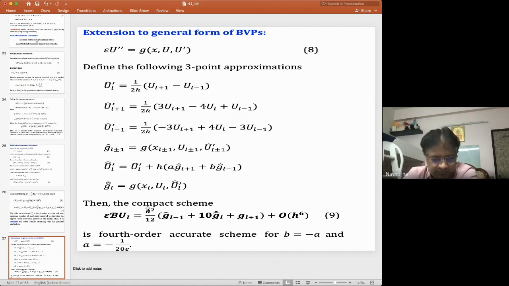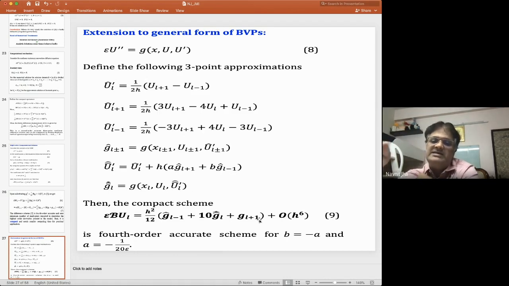Now, then define g double cap as g of xl, ul, and u double cap prime as defined here. And the compact scheme, which is epsilon times the difference operator on ul equal to h square, is the same as the previous one, except g is basically here g cap l minus 1, g double cap l, and here I forgot to write, it is also g cap l plus 1.